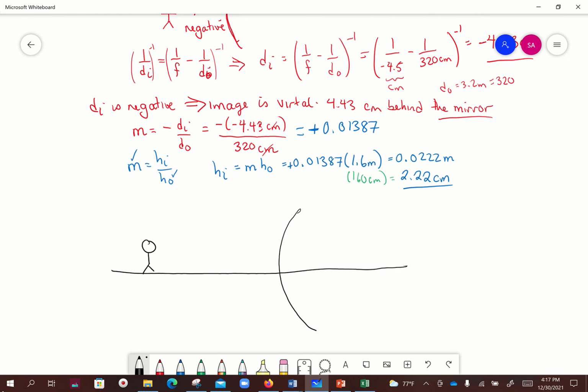I've got my person who's standing over here. And then I'm going to draw my special rays. Remember, the focal point is behind the mirror over there. So special ray number 1 comes from the object, which is the person, and it goes in parallel and then bounces out. So it goes in parallel.